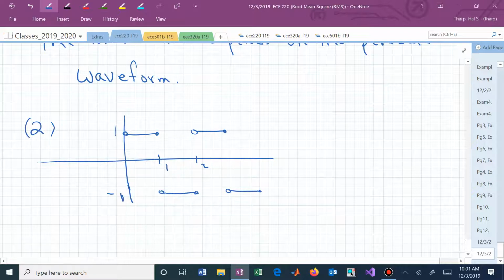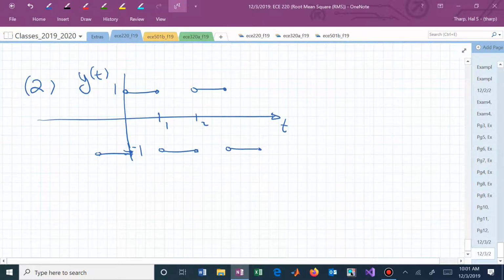And it just continues to do this flipping of value between plus 1 and minus 1. What's the RMS value for y?